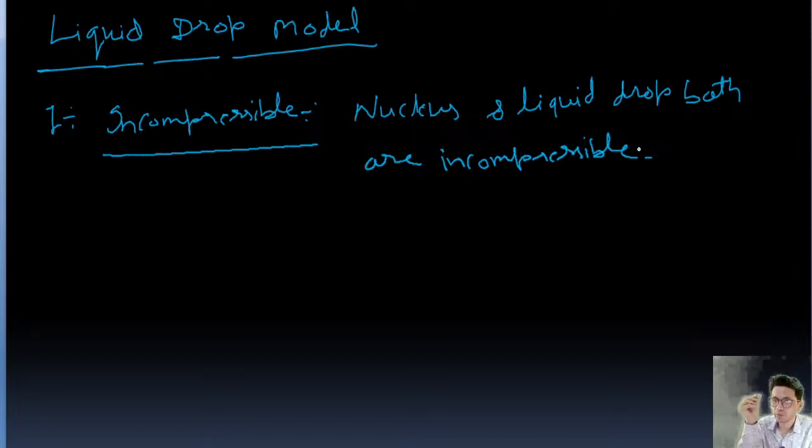Nucleus and liquid drop both are incompressible. Next is density. We have given this liquid drop model because the nucleus has similar properties to a liquid drop. Second is density.